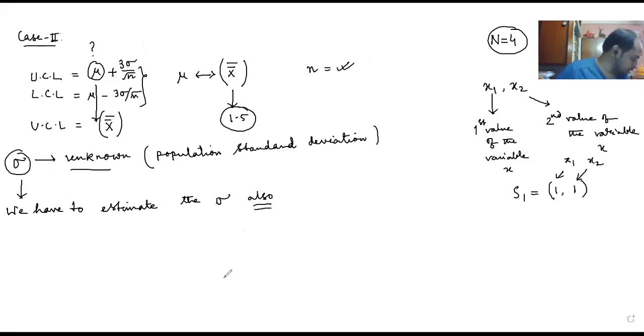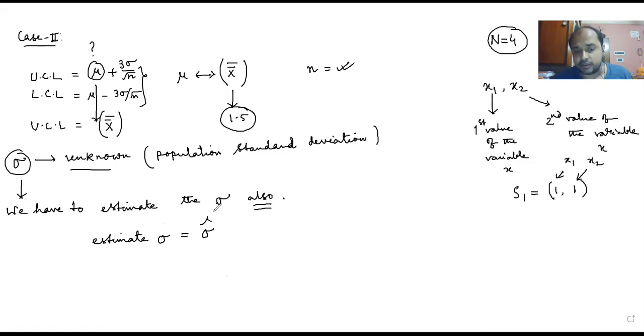According to the book, there is a formula given in equation number 16.3, I think. Let me tell you the equation number. According to your note it is 16.5, no, 16.6. You will see that if sigma is not known, we estimate sigma by, we write it as sigma cap.